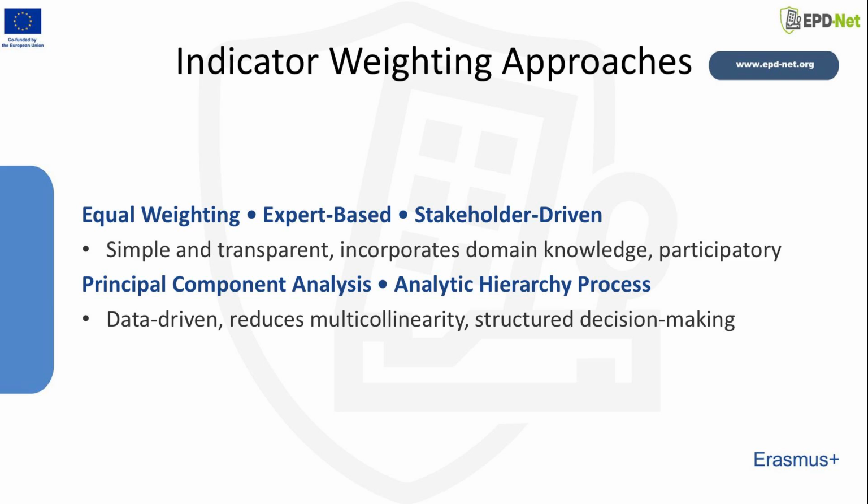Expert-based weighting incorporates professional judgment from specialists in disaster management, urban planning, public health, and climate science, capturing understanding of local contexts and hazard characteristics that may not be evident in statistical relationships. Stakeholder-driven approaches engage community members, emergency managers, and policymakers in weight determination through participatory methods such as surveys, Delphi techniques, or multi-criteria decision analysis workshops that build consensus around vulnerability priorities.